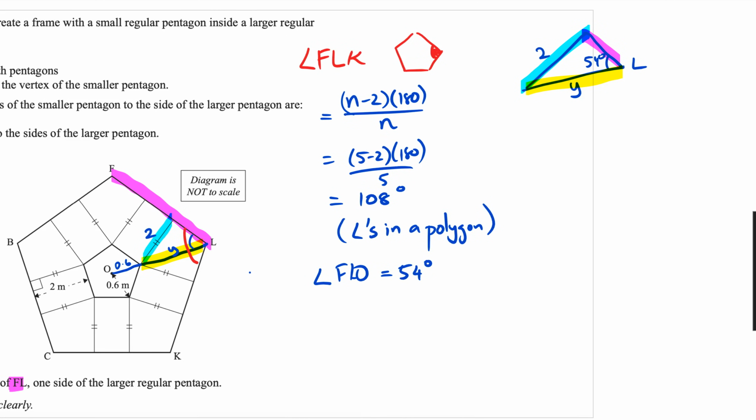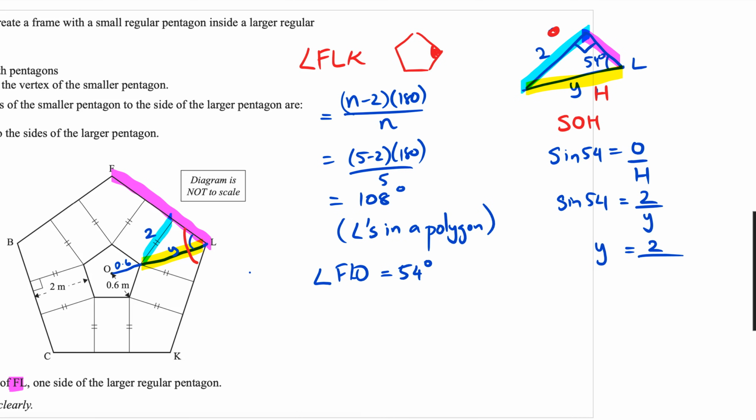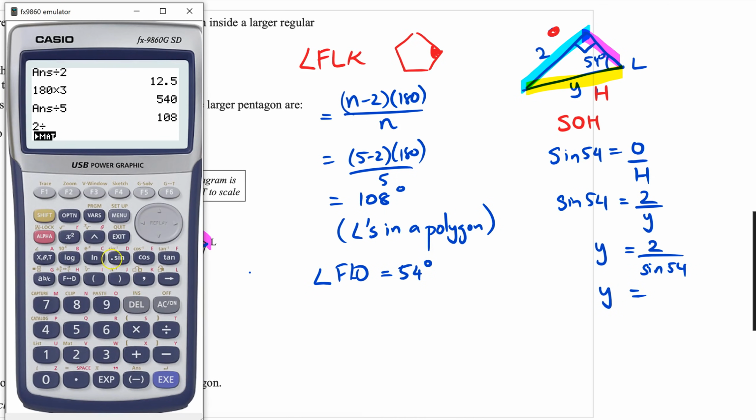Because it's going to be at right angles, our sides are opposite and hypotenuse, so we're going to use the sine ratio. We say sine 54 equals opposite over hypotenuse. Sine 54 equals opposite, which happens to be 2, over hypotenuse, which is Y. Cross multiplying, I get Y is equal to 2 over sine 54. And Y is equal to 2 divided by sine 54, which is 2.47.